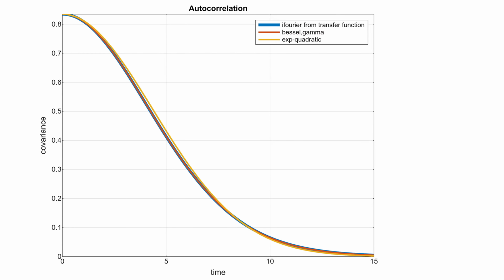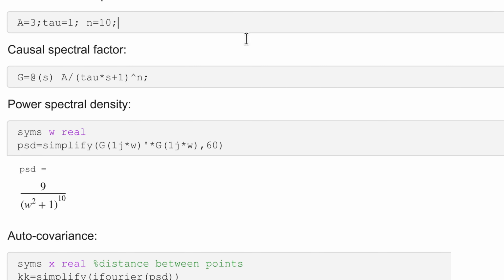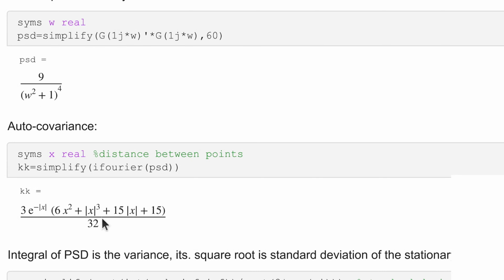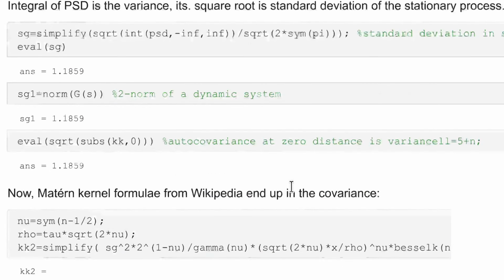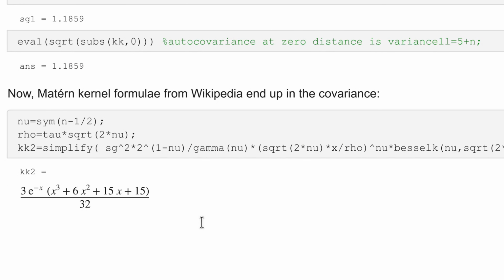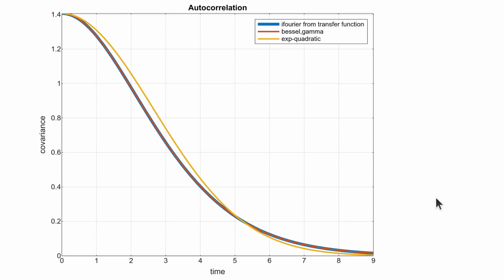Of course, if I do it with a lower order, say 4, then this 4th order filter of a noise generates this time or spatial distance covariance kernel, coincident again with the Bessel formula, and in this case departs a little bit away from the limit infinite order squared exponential.